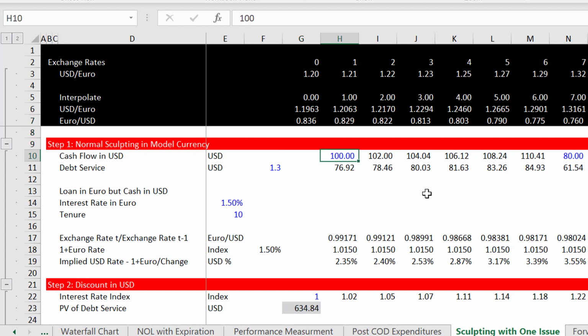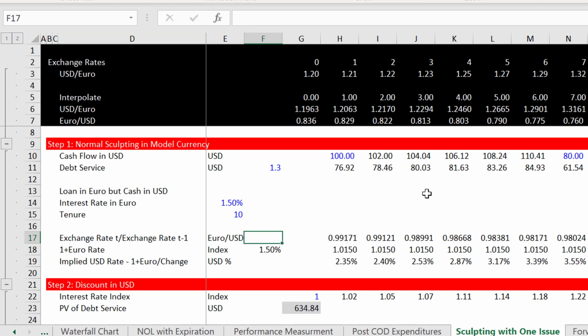Next, I just put some sculpting in, and this is all in USD. But the loan is in euro, and we have just a low interest rate on this euro loan. So the first thing you do is you take the currency that we're going to use, the loan amount, and divide it by the USD.